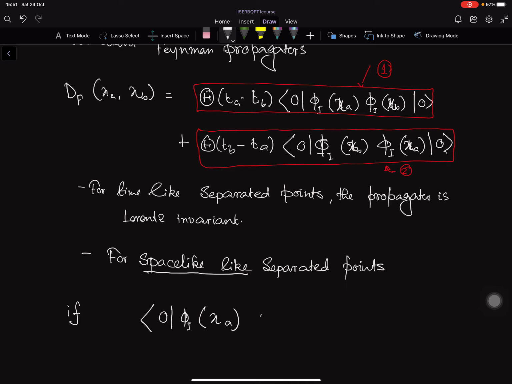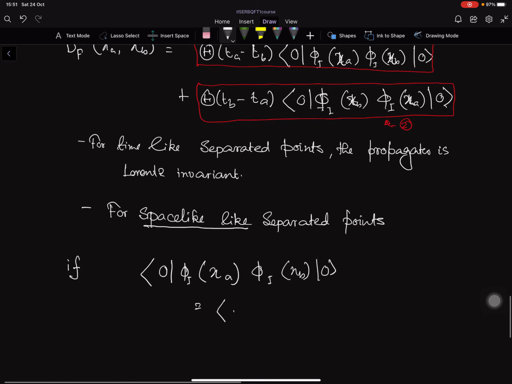If this is true, then the propagator is Lorentz invariant.